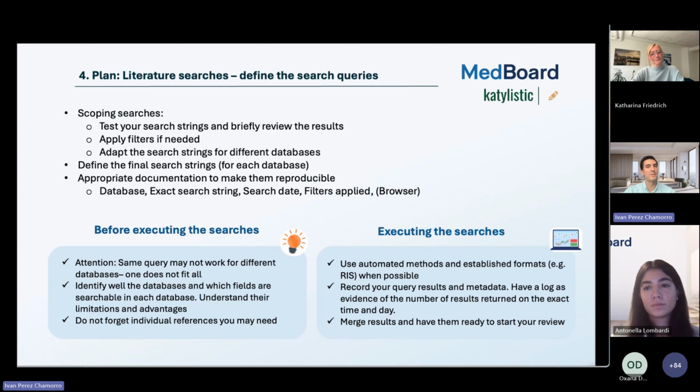And do you change your query depending on the database? And is this an important part when you are scoping as well? Yeah, definitely. I think in general, different databases have their pros and cons for different parts of my literature search. So for example, Embase is super good when I want to search for device-specific information.